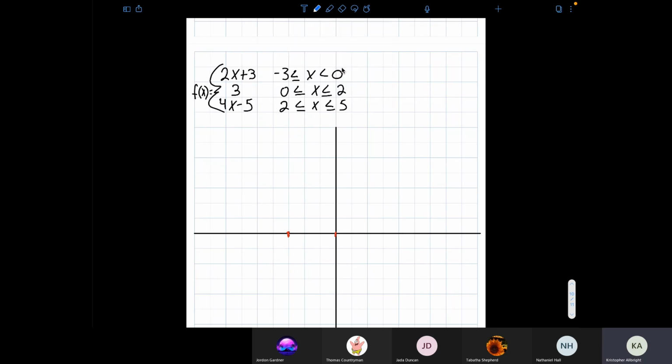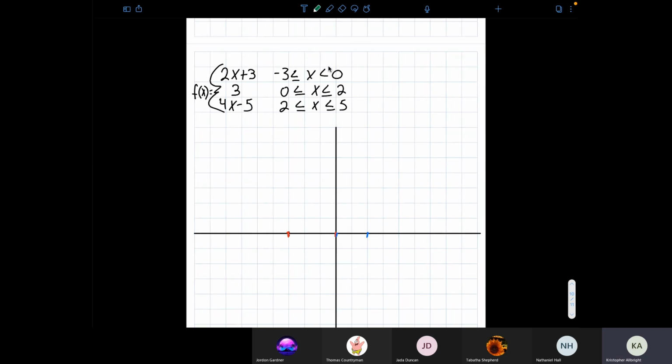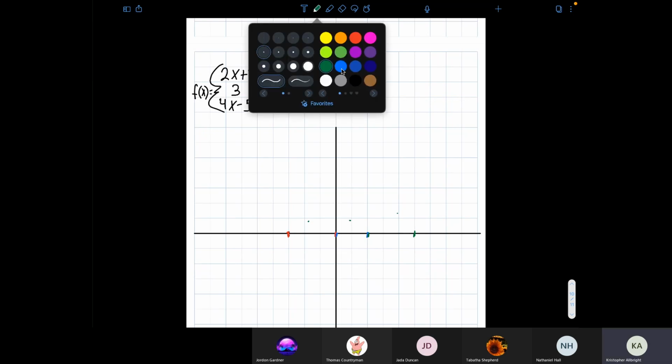And then the next one will be in blue. So 0 to 2. And then we'll do the next one in green. So 2 to 5. 1, 2, 3, 4, 5. So these are our sections of the graph. We have the red section, the blue section, and the green section.